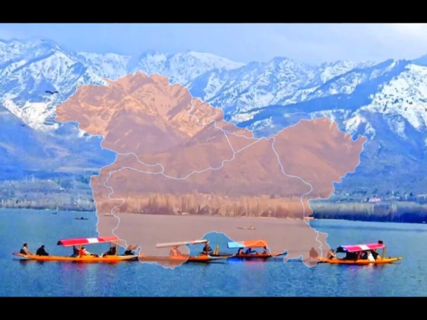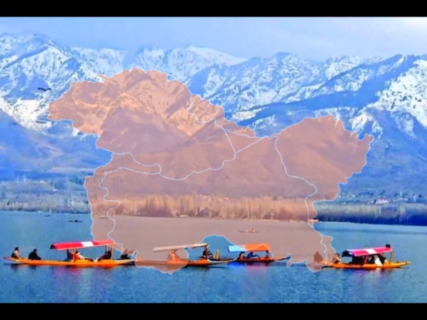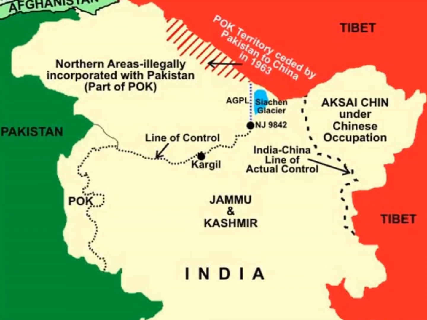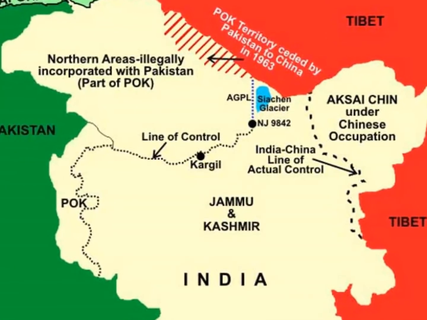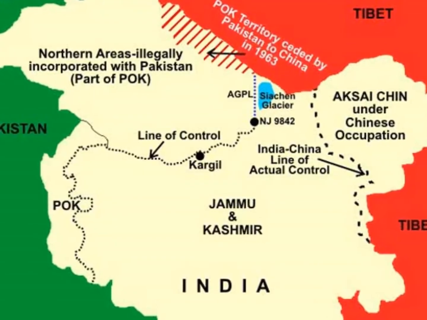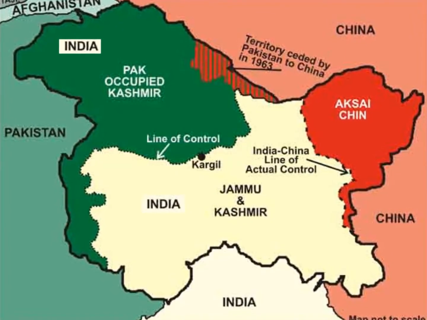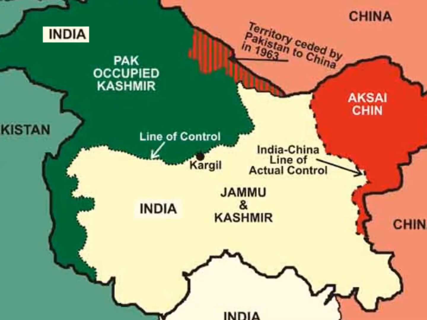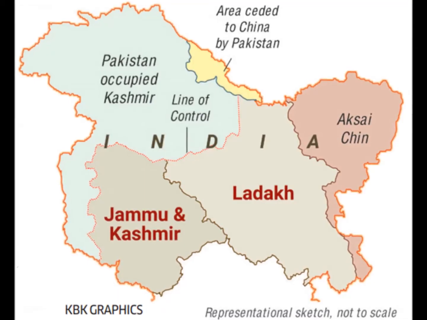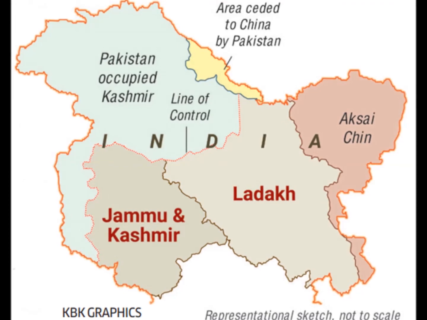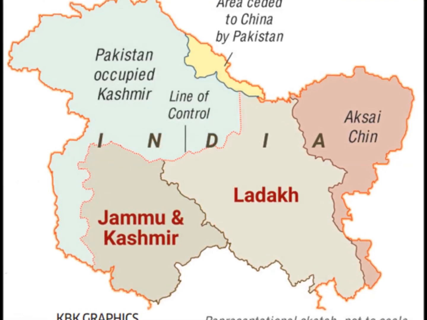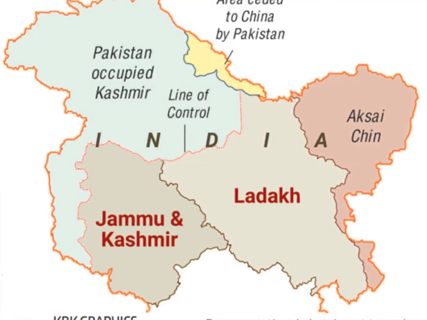I think you can recall the state's name. Yes, that is Jammu and Kashmir. From last October, that is October 2019 onwards, Jammu and Kashmir is not a state at all. It is divided into 2 union territories. So Ladakh and Jammu and Kashmir are added as union territories to the previous 7.